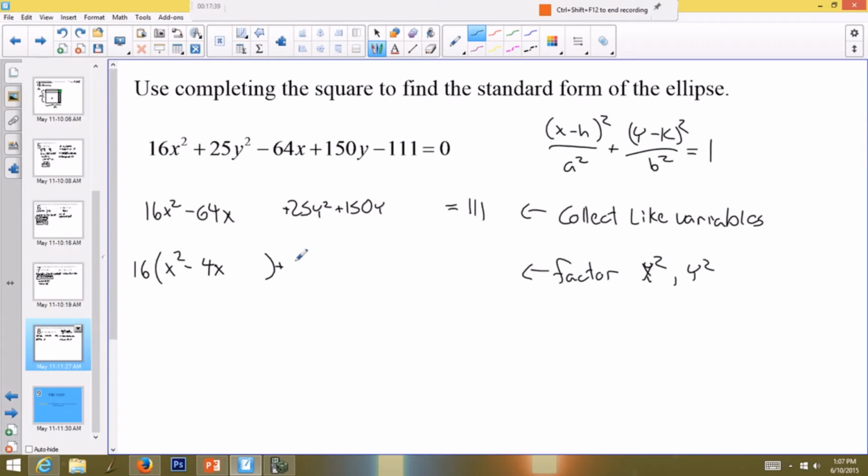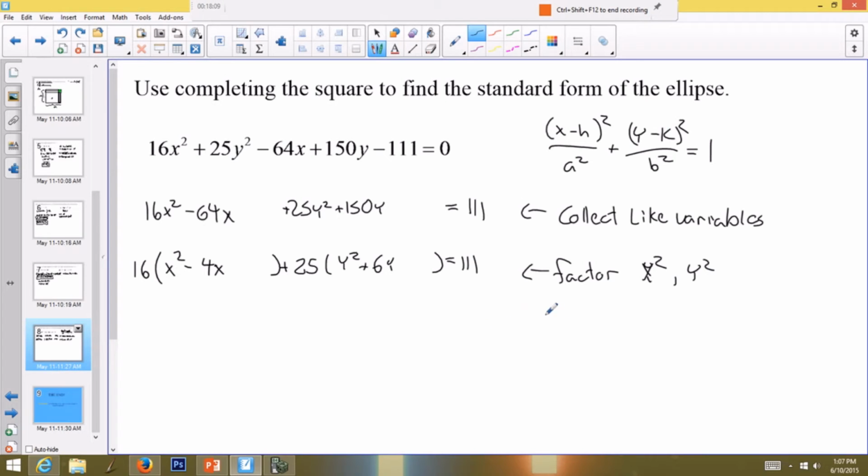And when I factor out 25, I've got my y squared, and when I divide 150 by 25, I get 6y. We want that to equal 111.